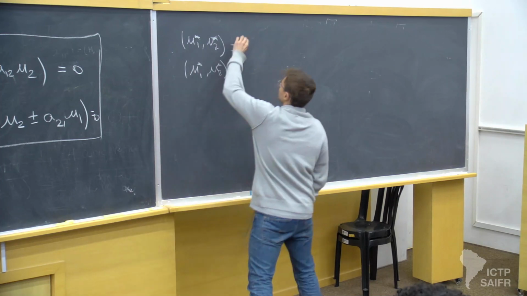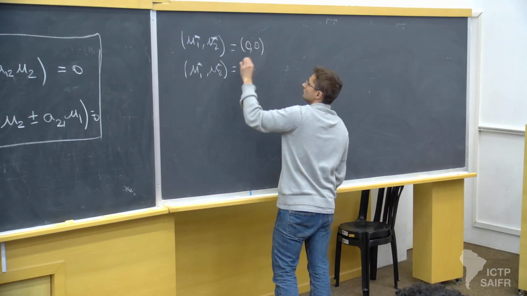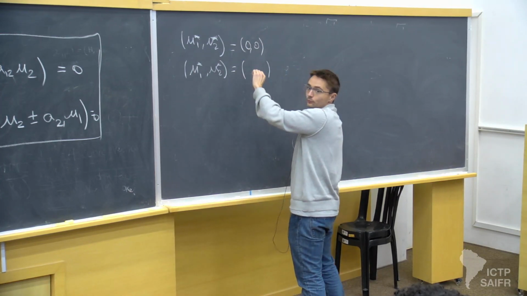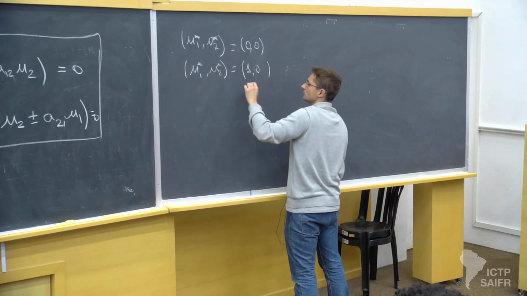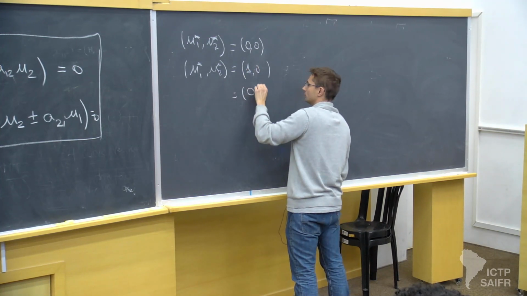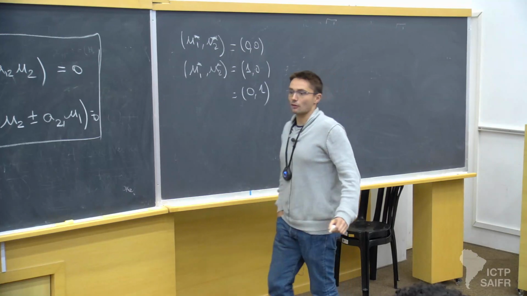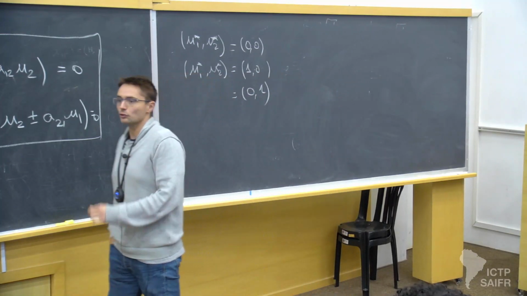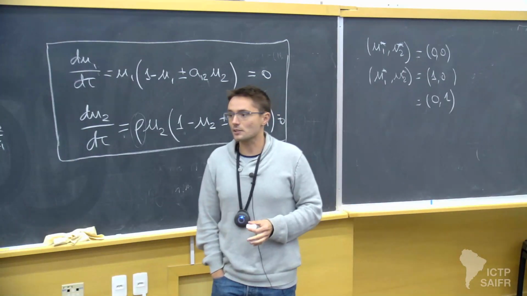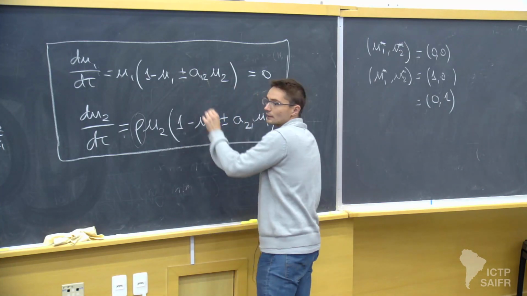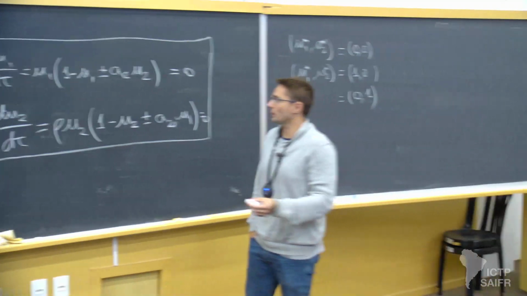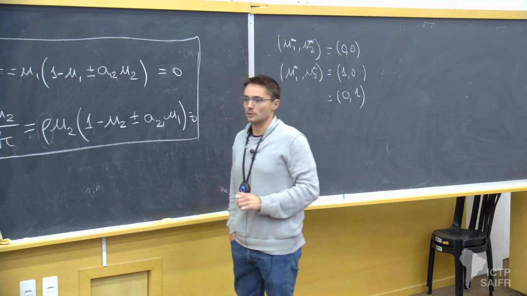Okay. 0, 0. Another one, 1, 0. 0, 1. And then we have a fourth one that is a non-trivial steady state that is going to depend, of course, on these signs that I fixed, and is going to depend on the interaction between the species.